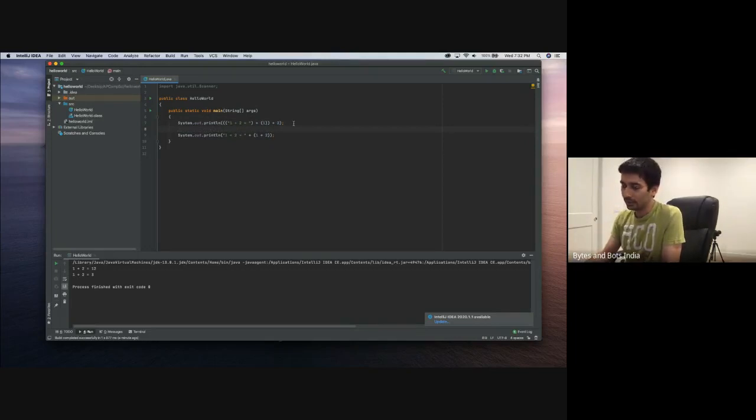This will look like 1 plus 2 is equal to 1. This whole expression will be that, essentially. And then it will add 2 to it. Okay? So this is equivalent of saying 1 plus 2 is equal to 1 plus 2.